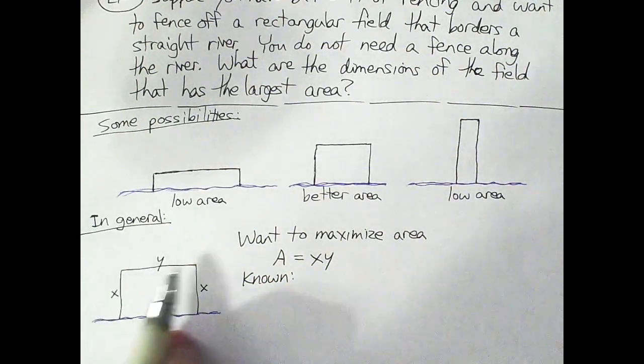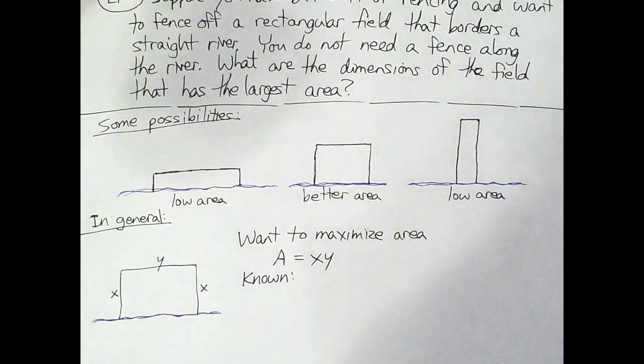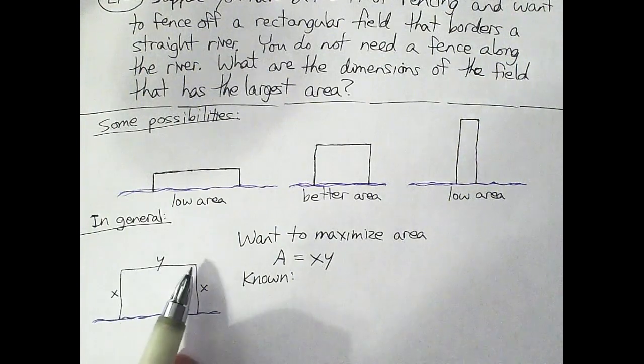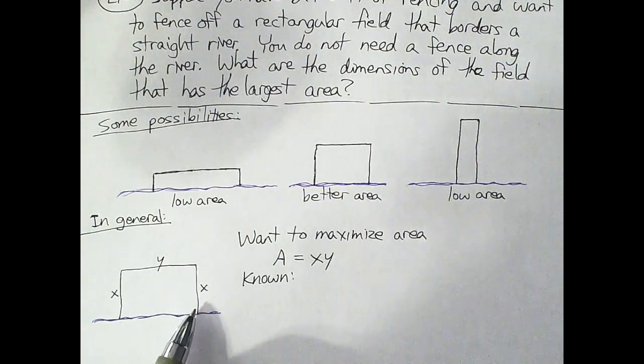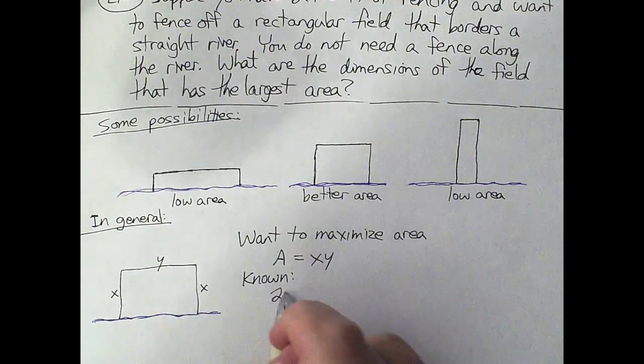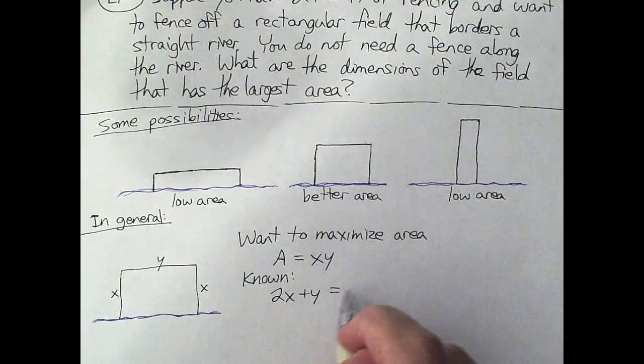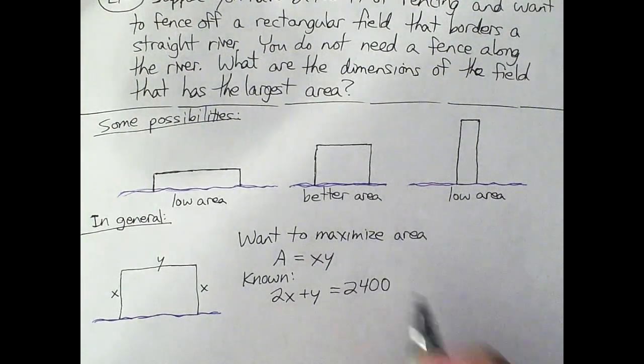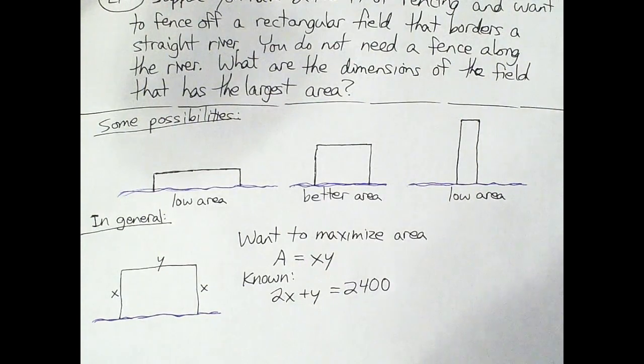The entire amount of fencing that we used adds up to 2,400. Well, how much fencing did we use? We used X plus Y plus X. So another way to write that is 2X plus Y. Has to be all 2,400 feet of fencing. If we're going to get the most area, we need to use all the fencing that we have.